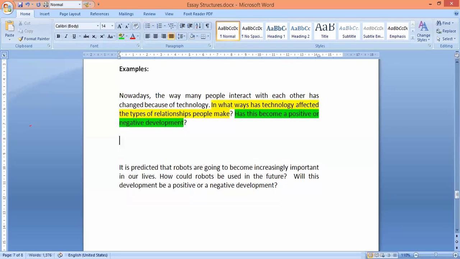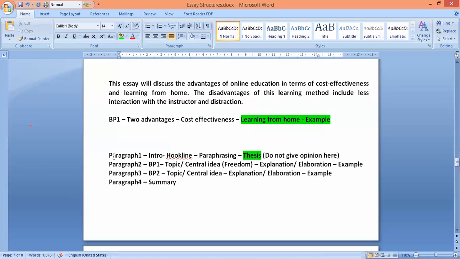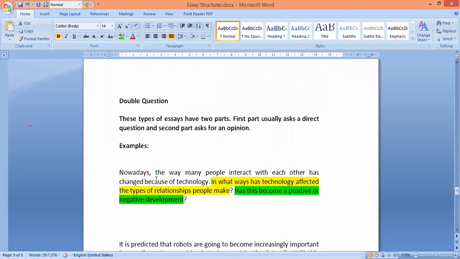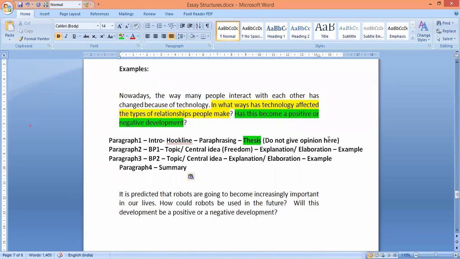What would be the structure? Let us discuss the structure of it. Very easy. You have a lot of information to say. In this, first I'll discuss the thesis.